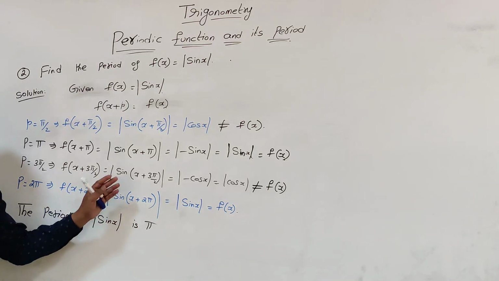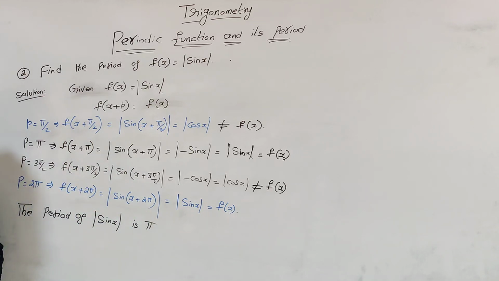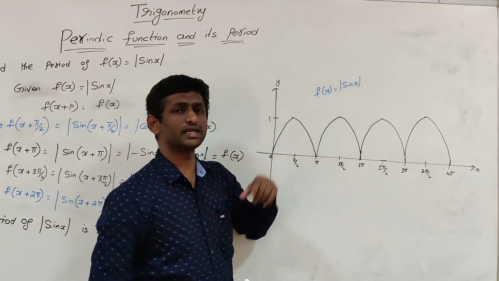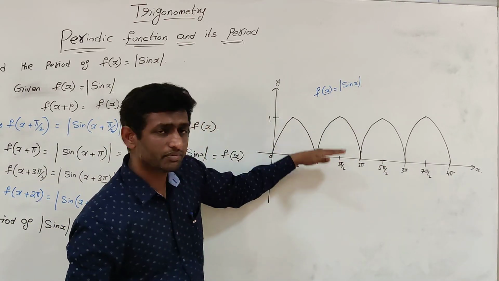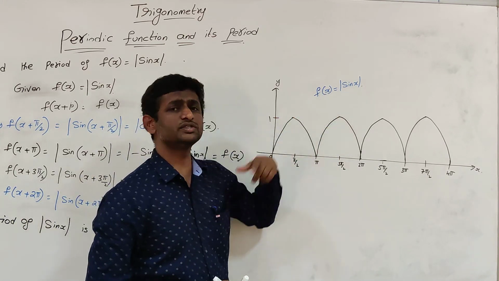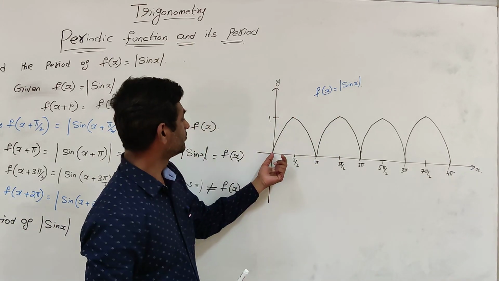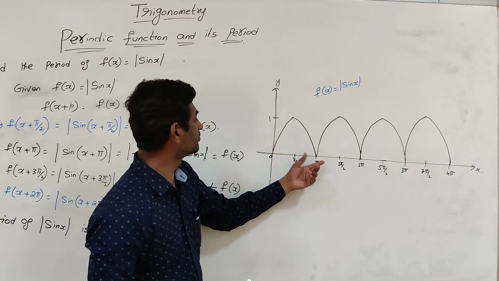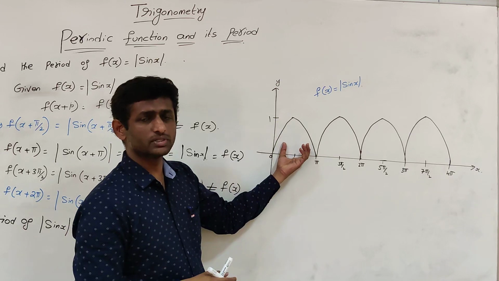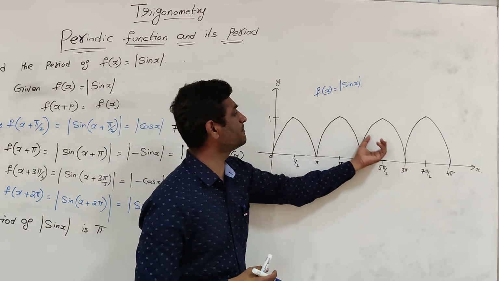Again, we'll see the shape of mod sin x in the graph. This is the graph of modulus of sin x, because it can't go below the negative values, because modulus is always positive. For every pi units, from 0 to pi, whatever the shape is, it is like a reverse U. The same shape will exist for every pi units.